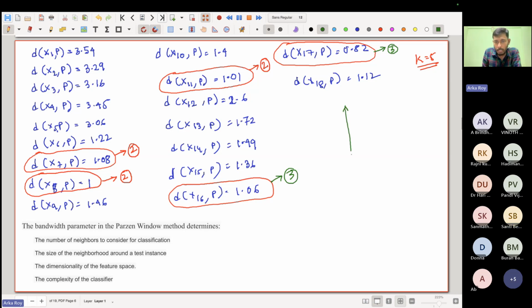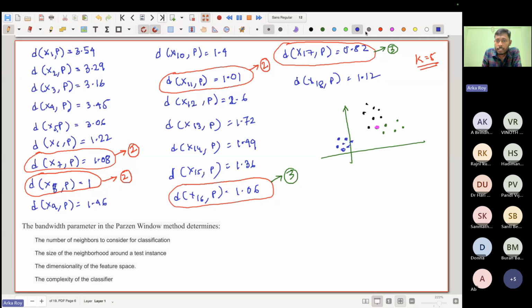So the situation is something like this. You have this new data point, and these are the class 2 nearest points. So this is the new point.